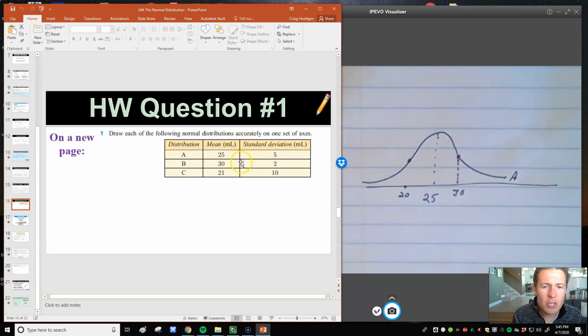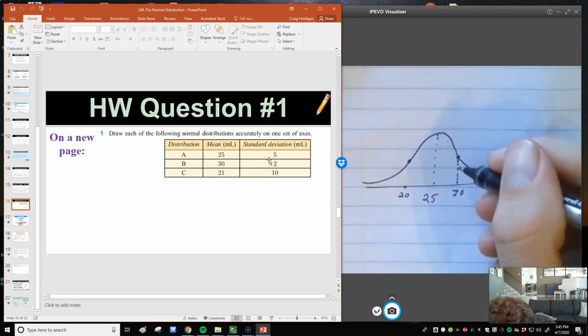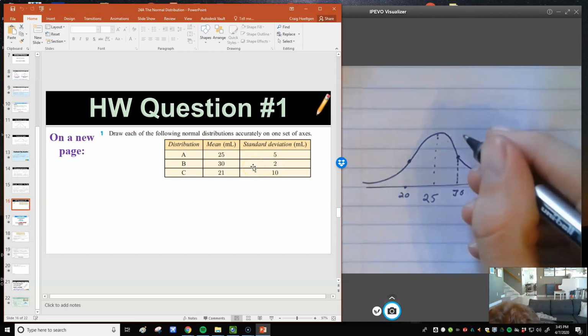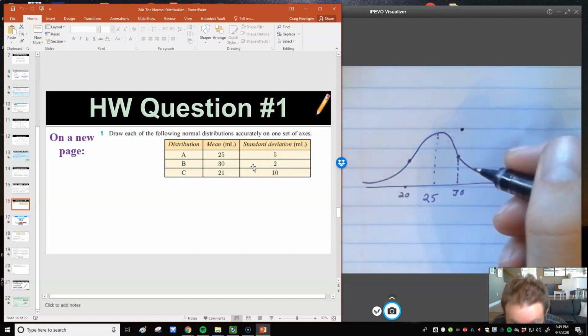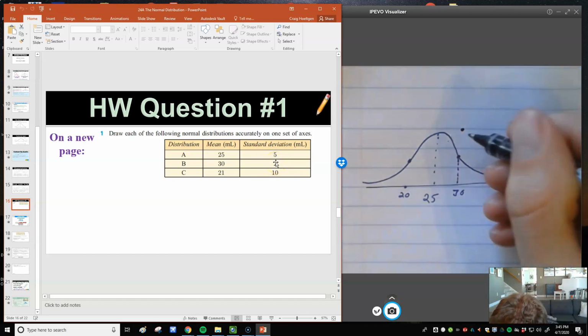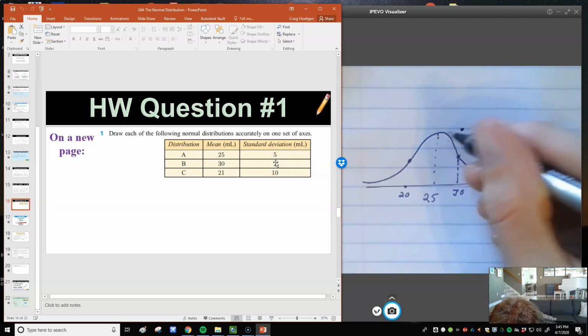Now this next distribution on the same axis, here we have a mean of 30 and a standard deviation of 2. So mean of 30, I'm going to mark 30 up here. So the mean, being a symmetrical distribution, is where its maximum is going to be. So this other distribution is going to have a maximum at 30. And standard deviation of 2 means this is a much tighter distribution. It's much more compact. So its peak is actually probably higher than this other one.